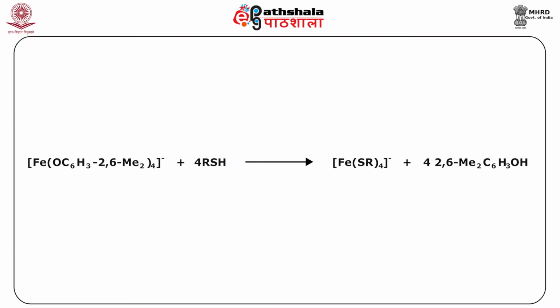So, what we have done is we have taken Fe(OC6H3-2,6-Me2)4 minus plus 4 RSH, which forms FeSR4 minus where iron is present in the plus 3 state, plus 4 molecules of 2,6-Me2C6H3OH.